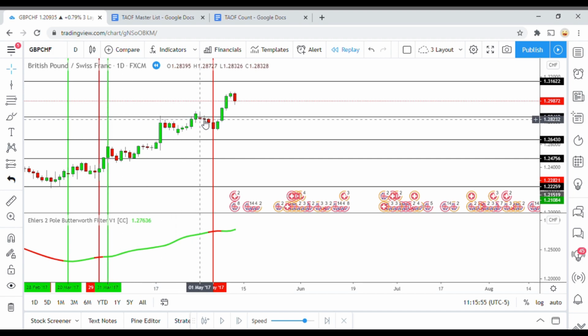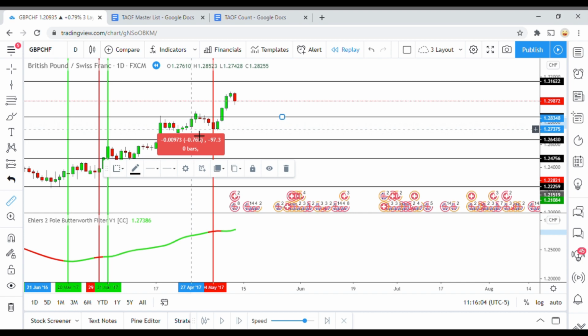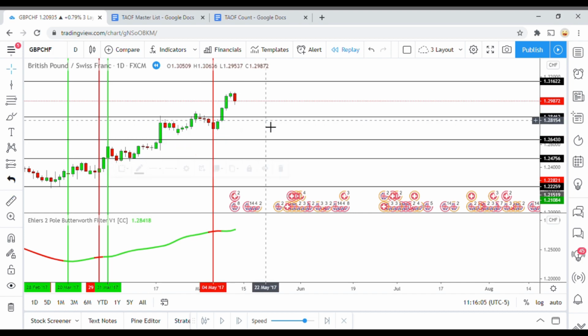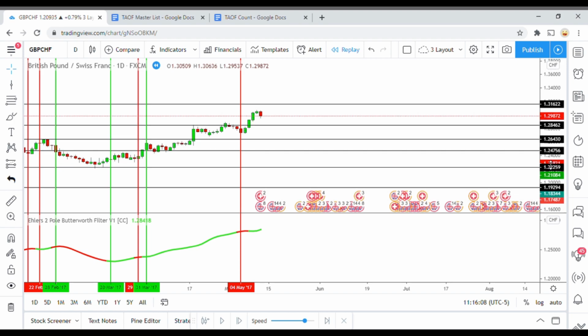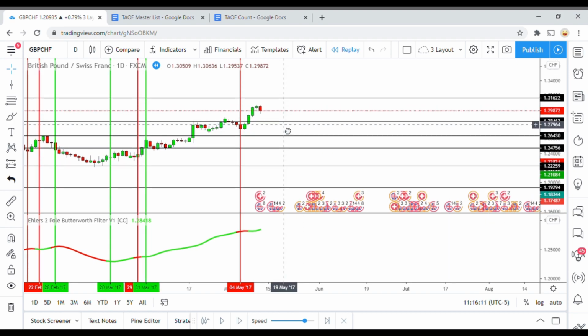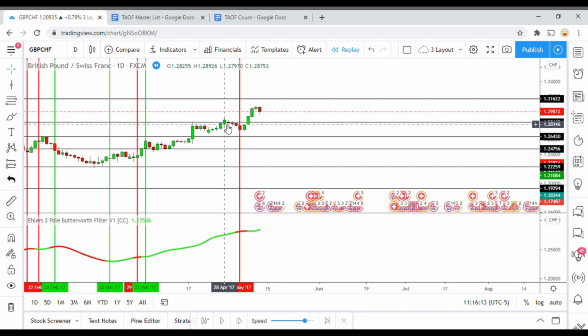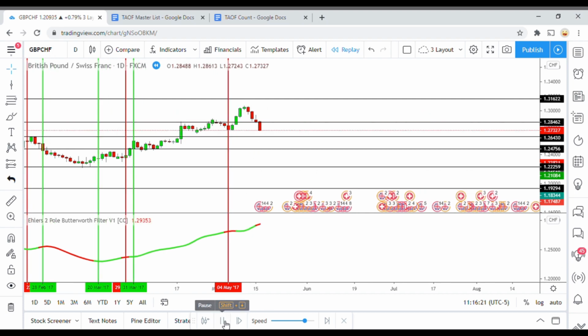Then you could have jumped in on this as it came back under, closing below that area, and you would have gotten to take profit using the first take profit and stop loss that we use on this pair, and you'd have been at a relatively small stop if you'd just put it right above this candle right here. And so depending on how you played it, you could have gotten a decent little trade out of there with little risk.